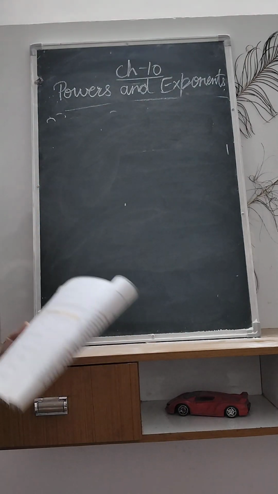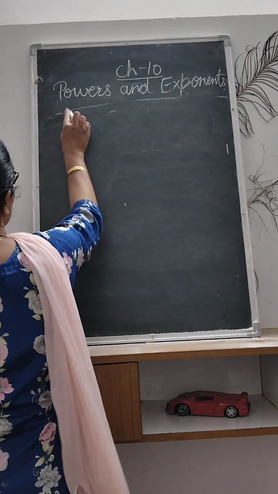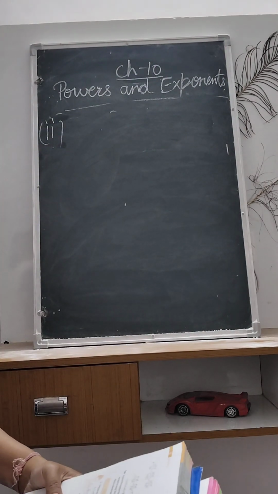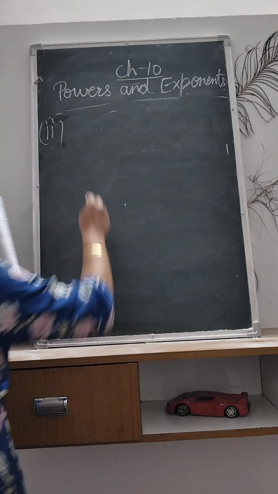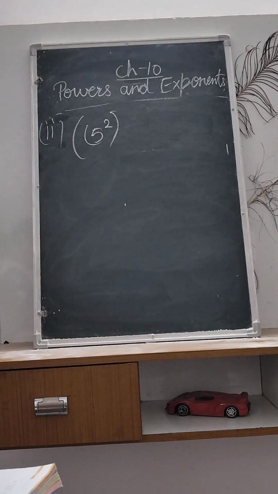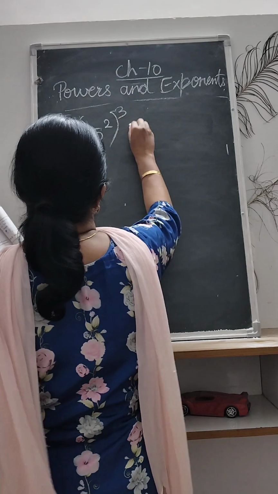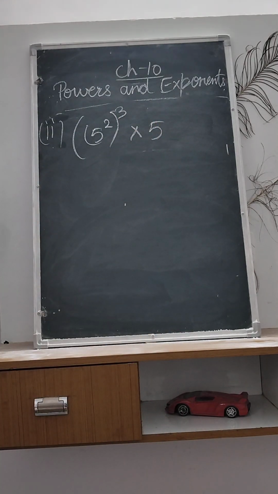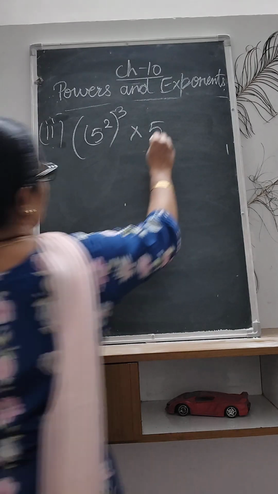Yes students, now let us do the second part of the question. I think it is a little bit difficult for you, so let us do it. 5 raised to power 2, 5 raised to power 2 whole to the power 3, multiplied by 5 raised to power 4.